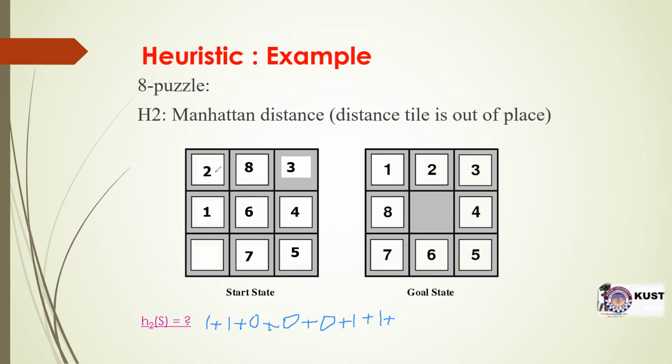If we move 8 from here to here, then it requires 2 steps. So the total number of moves needed to reach the goal state is at least 1, 2, 3, 4, 5, 6 steps. This is known as Manhattan distance.